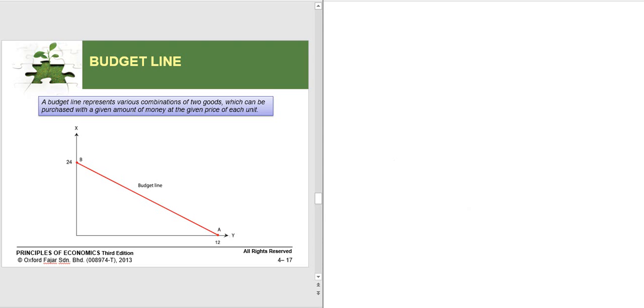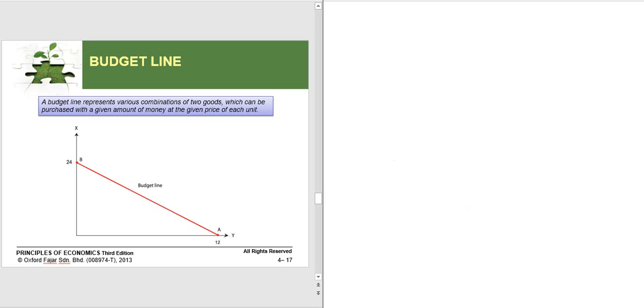Okay, in my explanation for the cardinal approach, we have seen two conditions that have to be met. The first one is that the utility or the satisfaction must be maximized, and the consumption of the products must be within the budget. So the same things we are going to apply for the ordinal approach.